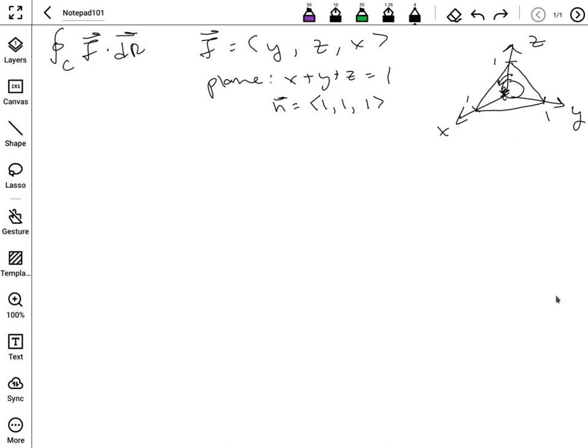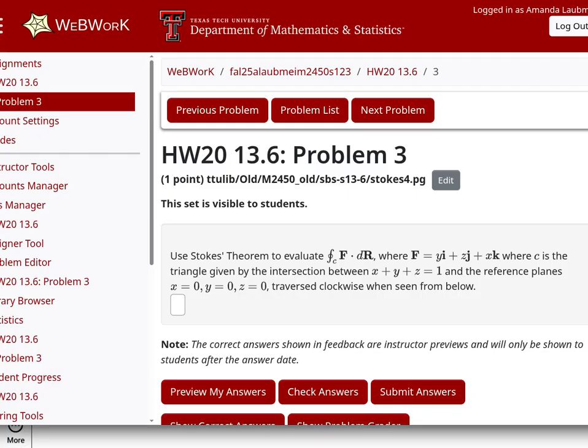So that's how I reason through what direction they're talking about. And erase all my lines. Okay, so I just decided that the direction we're going is that direction. That would be clockwise when viewed from below.